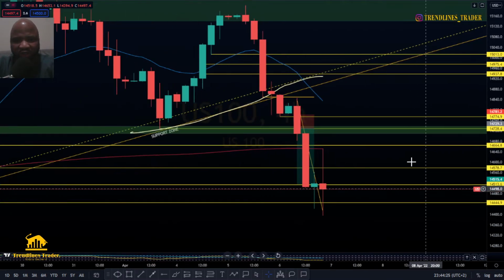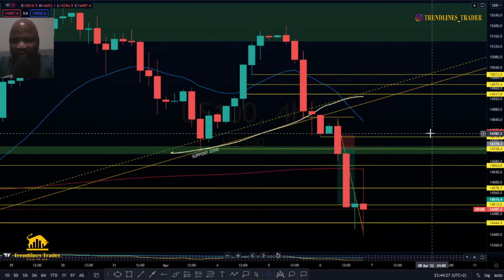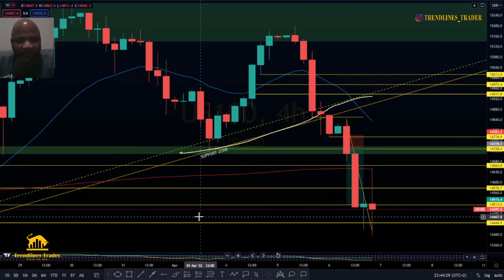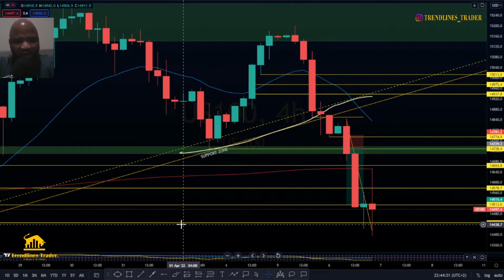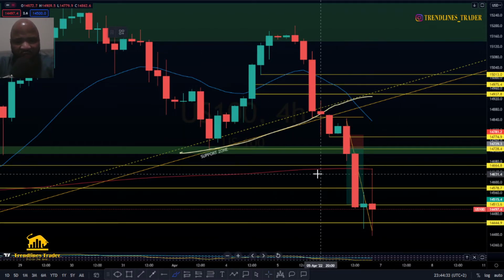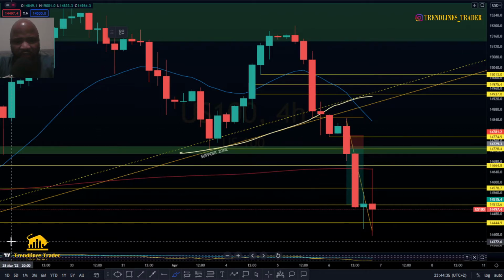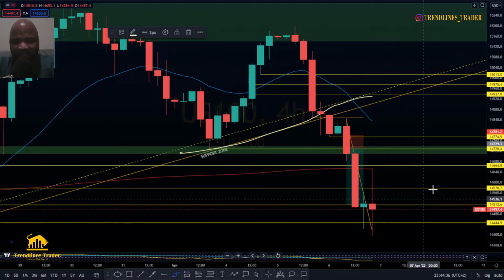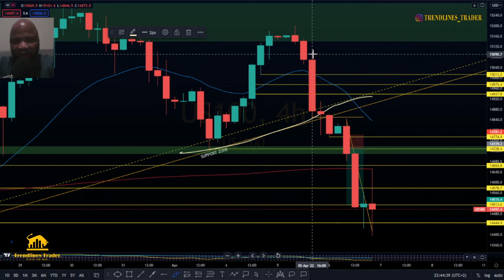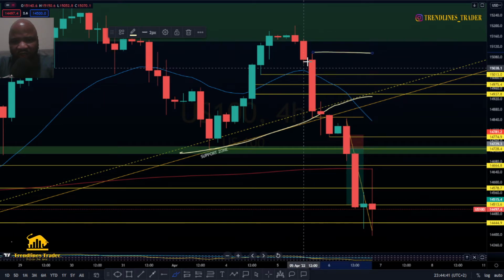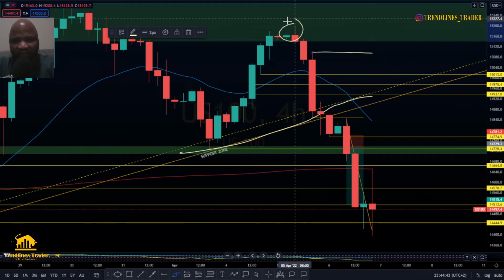So I usually use the horizontal lines on the weeks because it shows that the price made U-turns at some point. For example, I will place my horizontal on the week that I see right here.